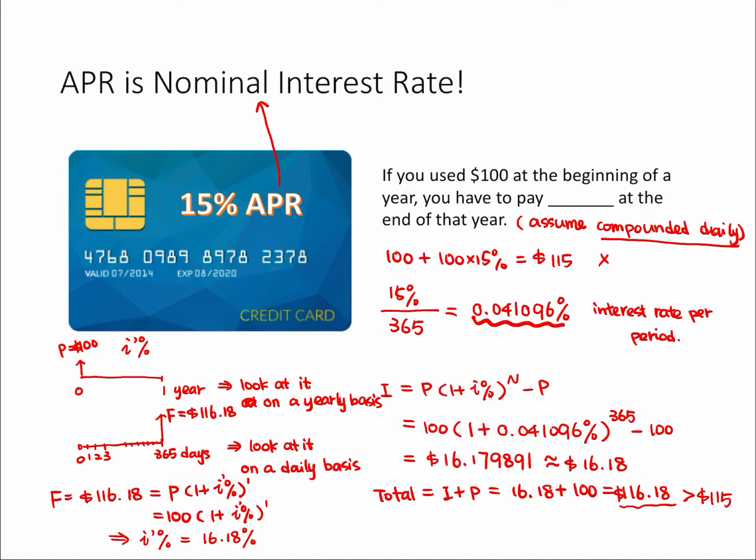But all of these are equivalent because no matter what period basis you use, the future equivalent value is always the 116.18.